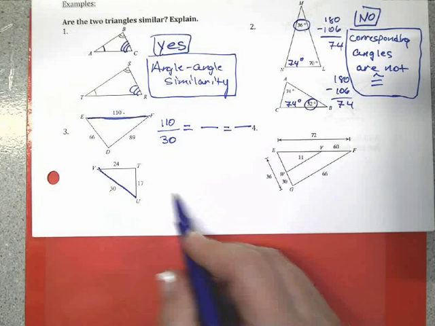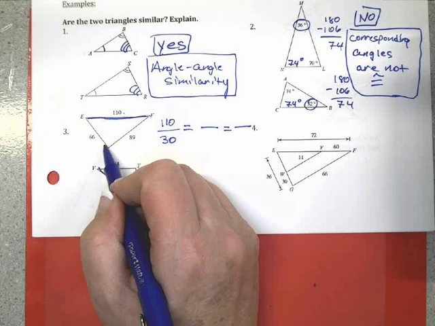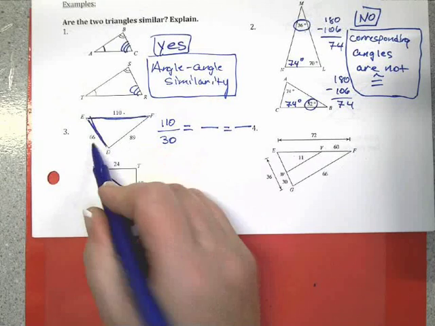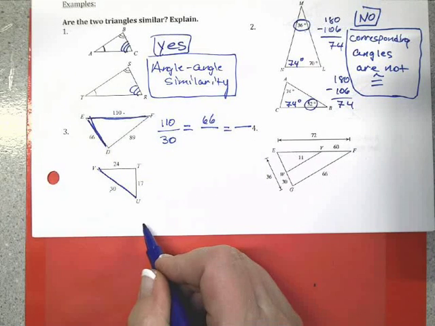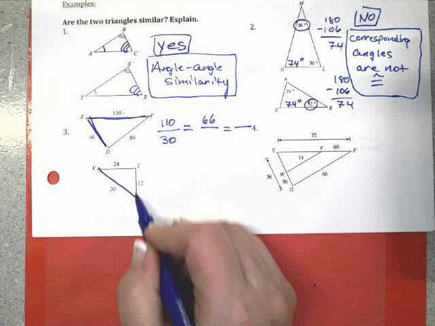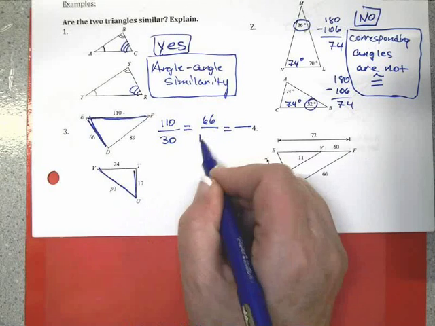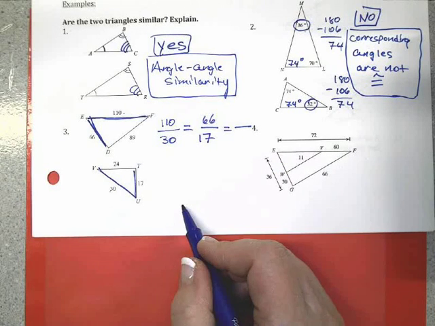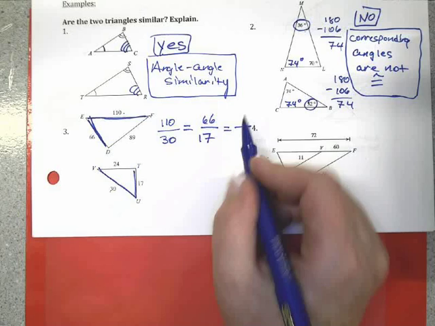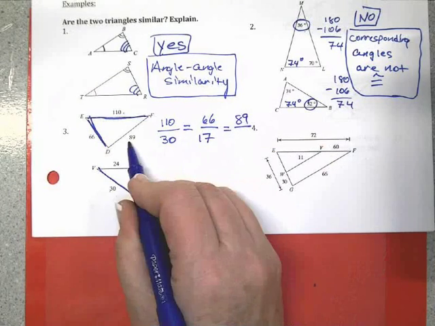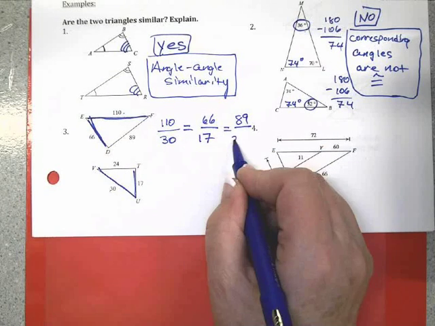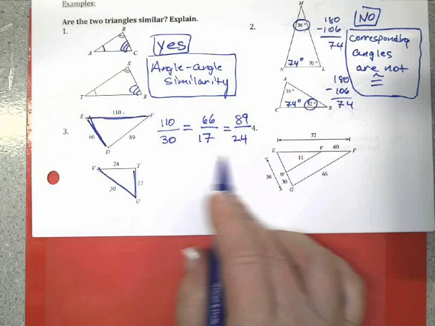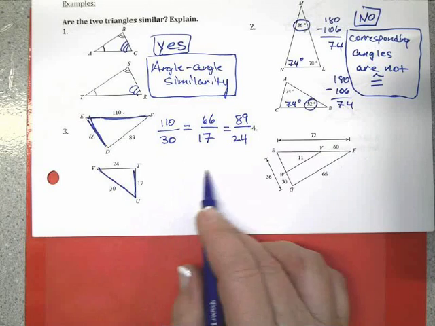My shortest side on this triangle is 66, and my shortest side on this triangle is 17. And then the last pair of corresponding sides would be 89 compared to 24. So we have set up all three of these ratios.